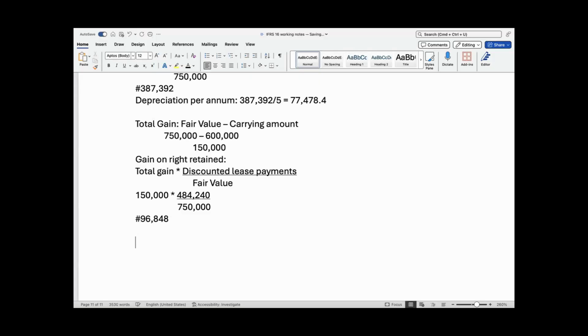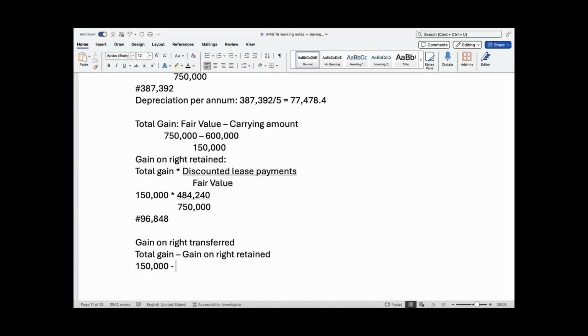And the gain you put to your P&L is the gain on rights transferred, which is my total gain minus gain on rights retained. My total gain is 150,000.